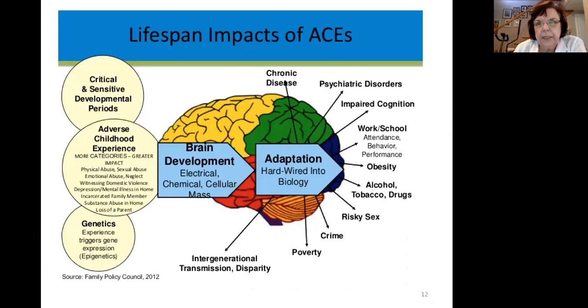But the lifespan impact of ACEs, and I like this, that these adverse experiences in critical sensitive developmental periods, and then adding genetics in, can actually rewire our brains. And that can then affect how we adapt to the world. And I like this that I found online, because I think it shows what we're trying to impact when we deal with trying to eliminate these adverse experiences, prevent it from going on to the next generation.